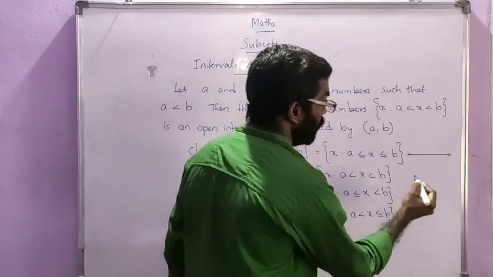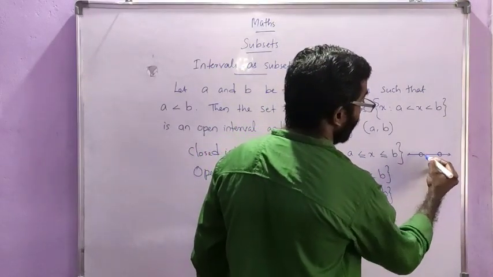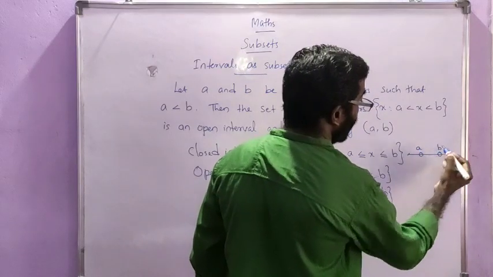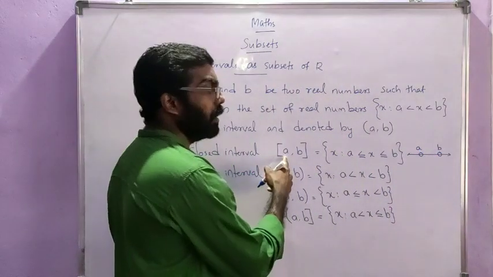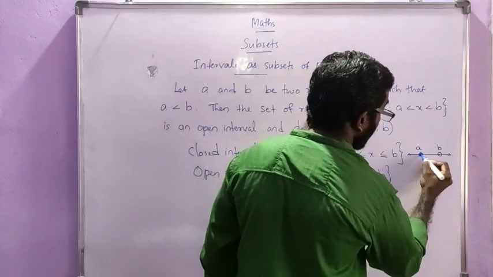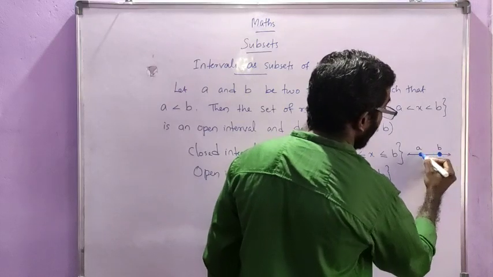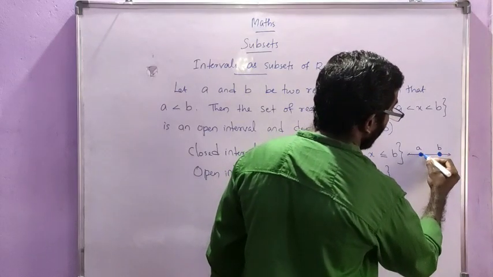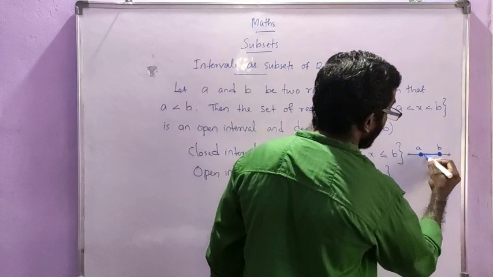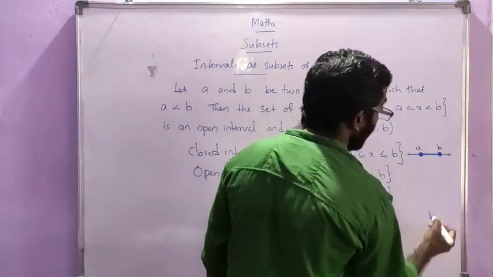So here, a, b, closed interval AB. We have to include both the extreme points, so we have to darken the bubbles, and the set of real numbers in between a and b are also included.